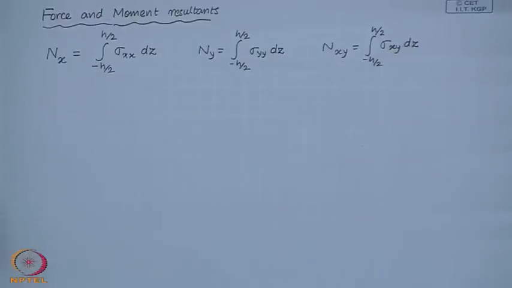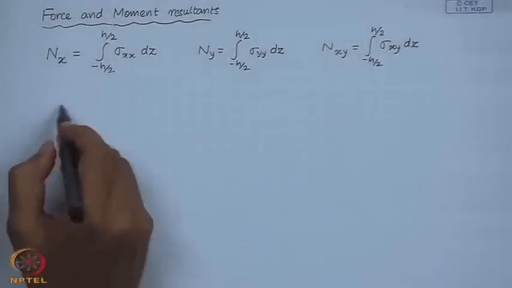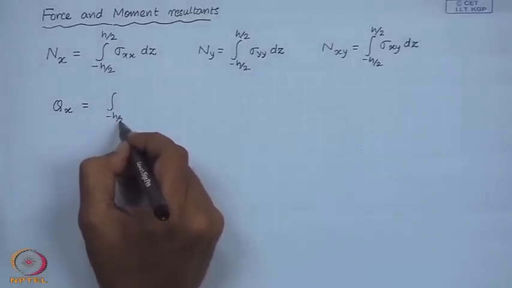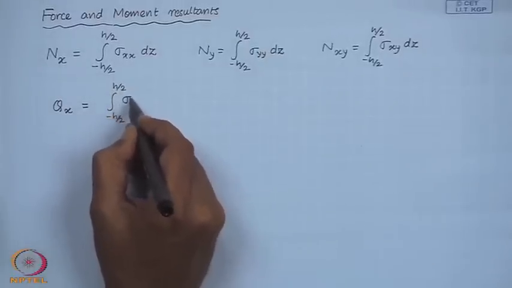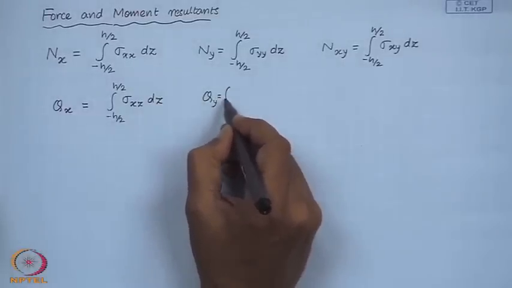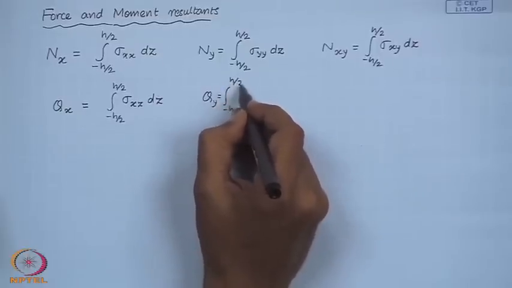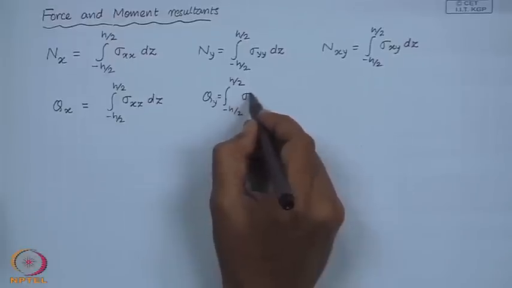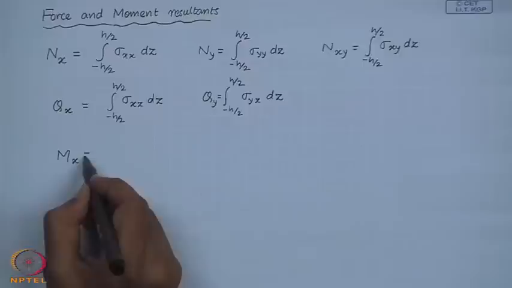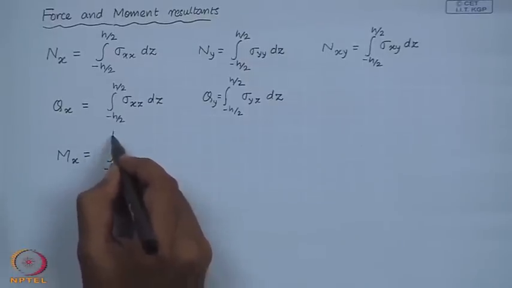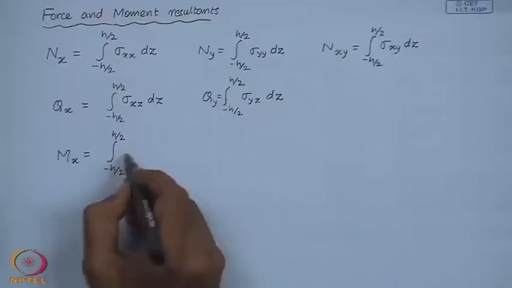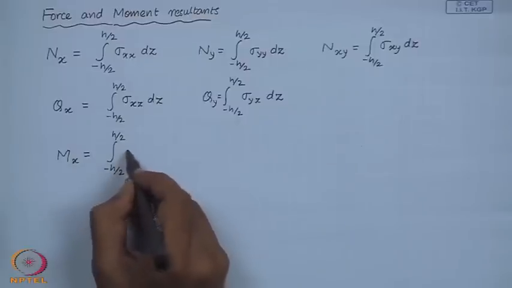the shear stress. So, this is in plane, and then we have the out of plane shear stresses, which we denote by capital Q x and capital Q y, and we have the moment resultants, moments due to the normal and the shear stresses.